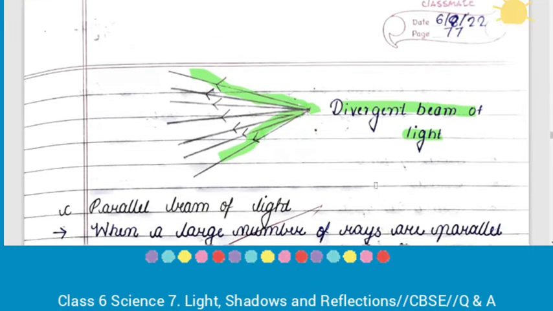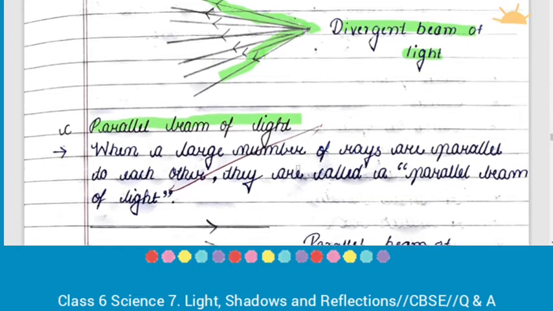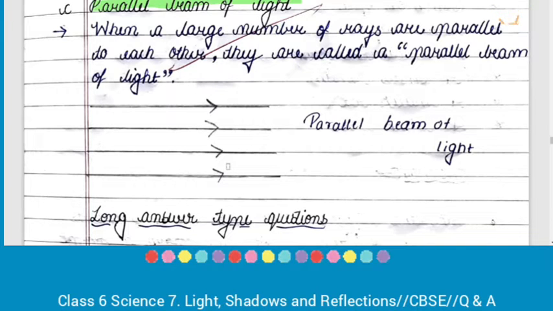Third one is a parallel beam of light. When a large number of rays are parallel to each other, they are called parallel beam of light. So this is a figure of parallel beam of light.